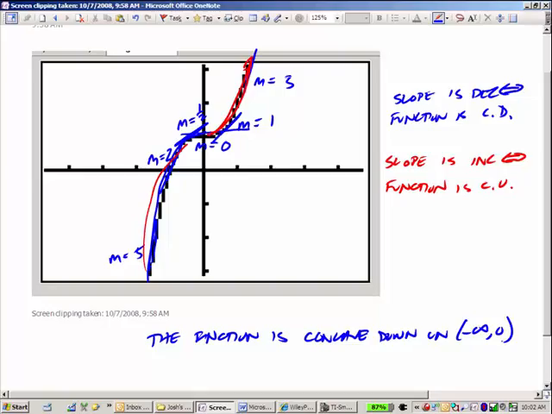It's certainly not concave down all the time. And I could also say it's concave up from 0 to infinity. And what's 0? At 0, it's neither concave up nor concave down. Actually, 0 has a very, very special name. You ready for it? Here it is. 0 is called a point of inflection. And for functions that change concavity, the point of inflection is exactly where it changes concavity.